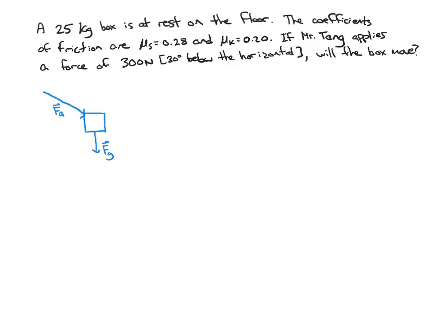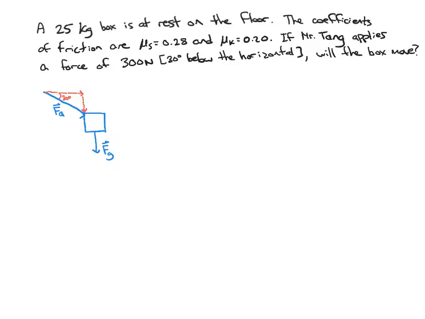I labeled that pretty strategically, actually, because what I'm going to do is break it into components, horizontal and vertical, with a 30-degree angle being right here. That's what it means when it says 30 degrees below the horizontal.